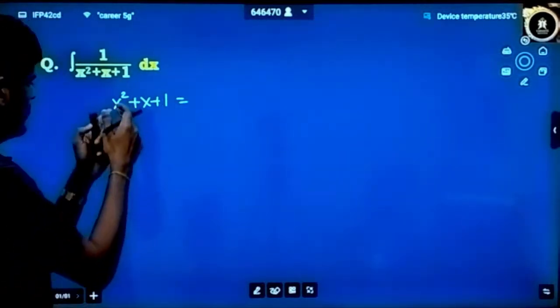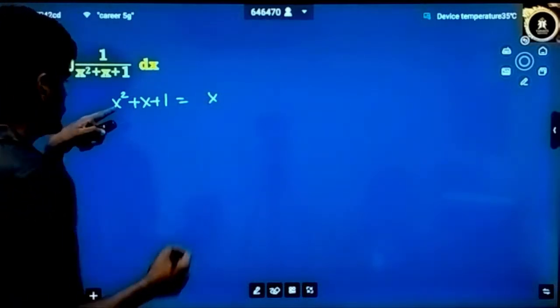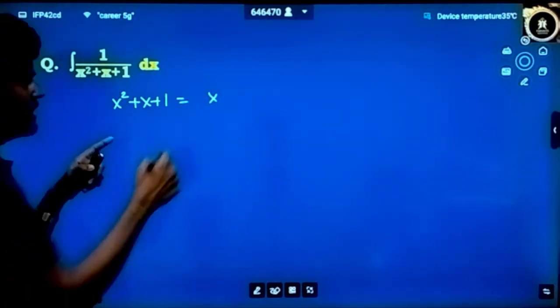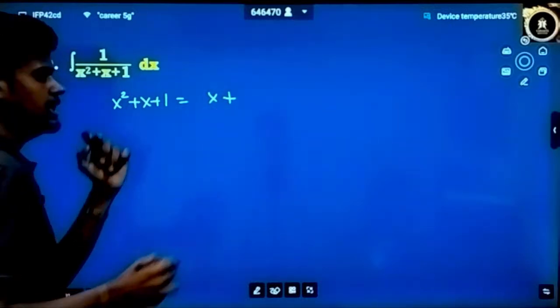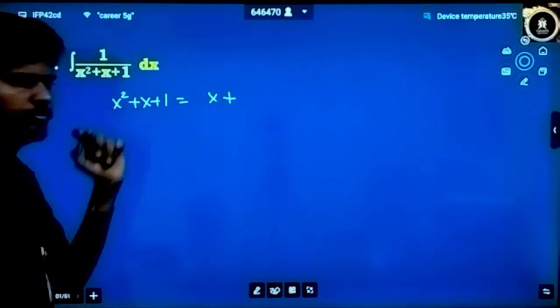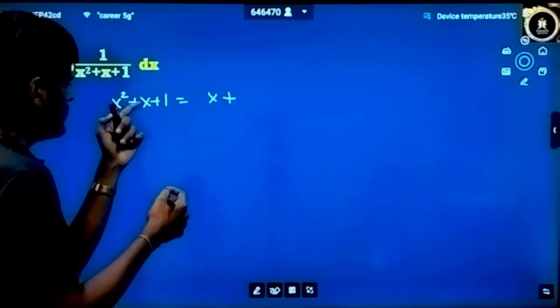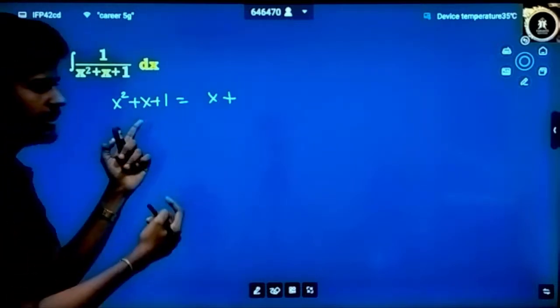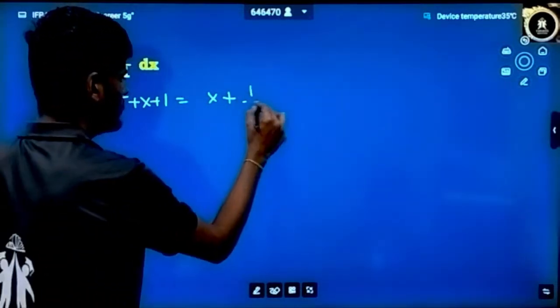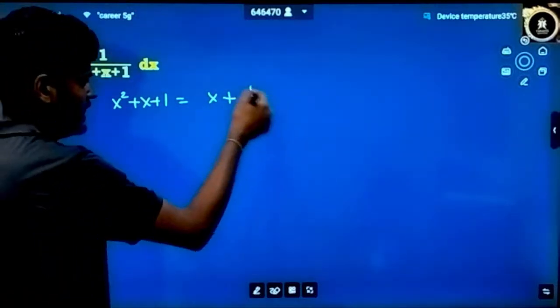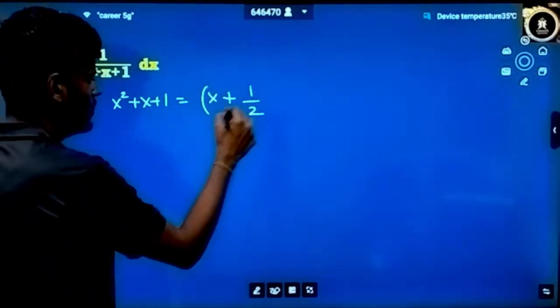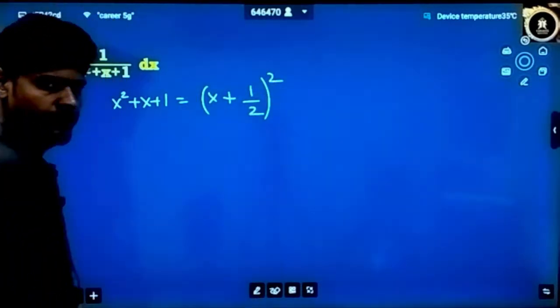What we need to do: write the x square term, write x. If there is a plus sign here, write plus. If there is a minus sign here, write minus, the sign of the coefficient of x, and then whichever is the coefficient of x, divided by 2. So this will be x plus, here the coefficient of x is 1, so we divide that by 2, that is 1 by 2. Write this square.